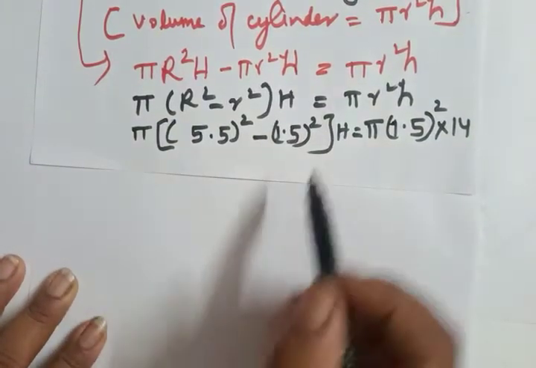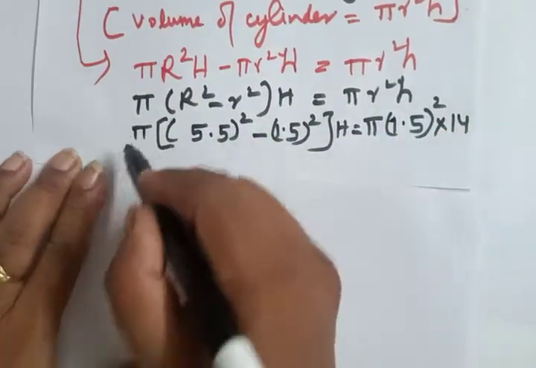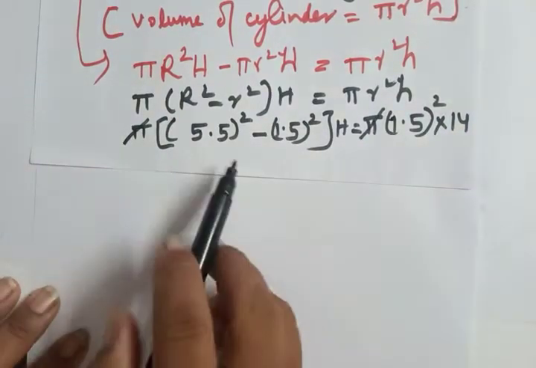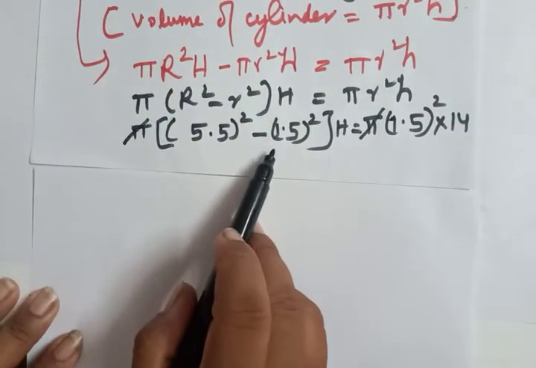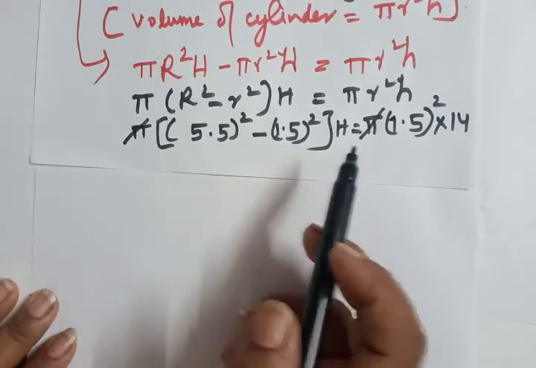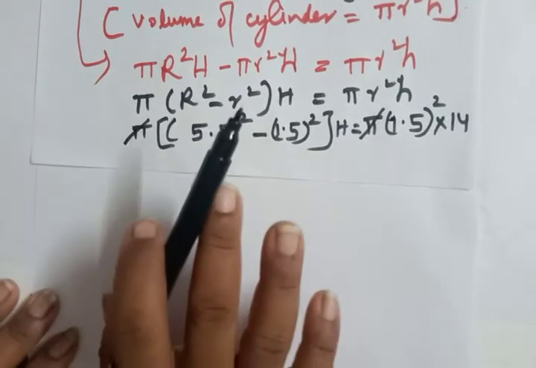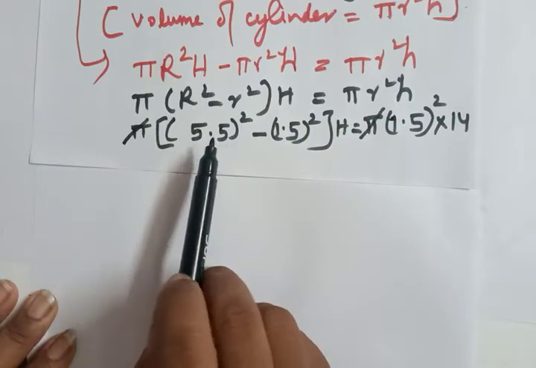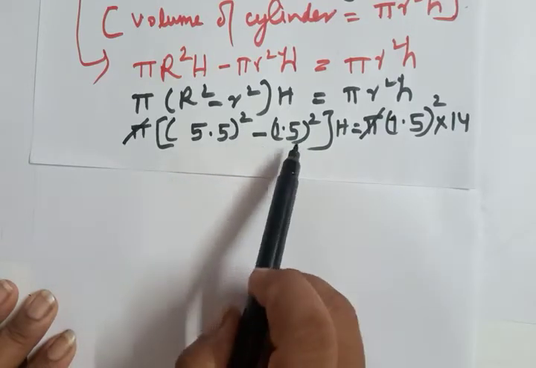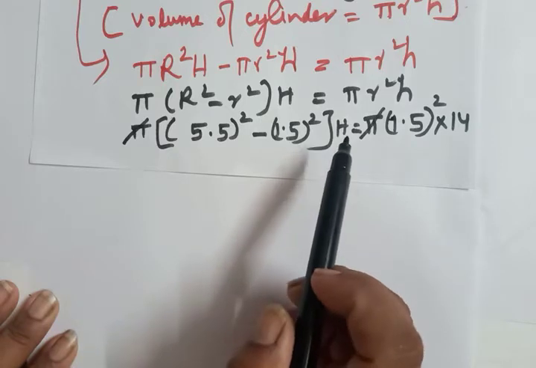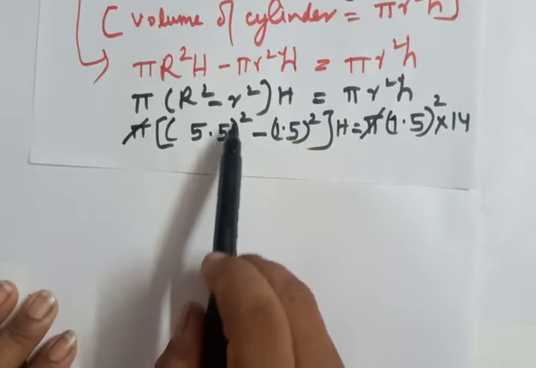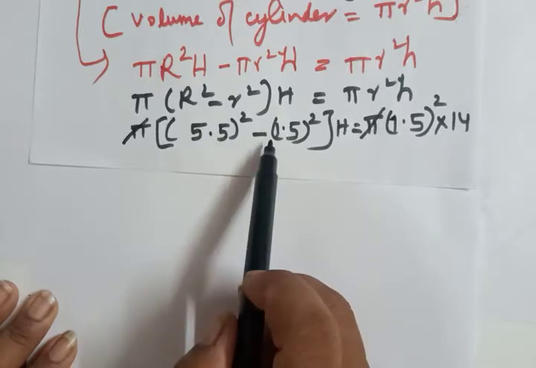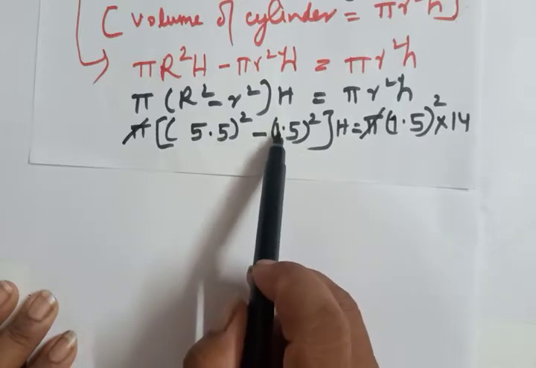So pi will be cancelled out. Now we will use the identity that I find really easy, a square minus b square is equal to a plus b into a minus b. But you can directly find the square of 5.5 and subtract the square of 1.5.